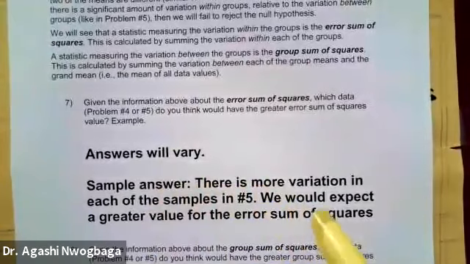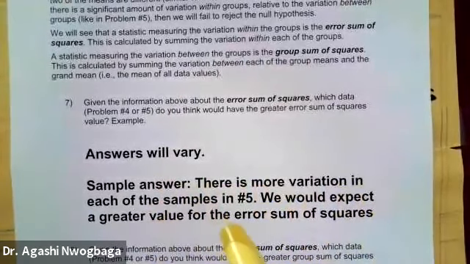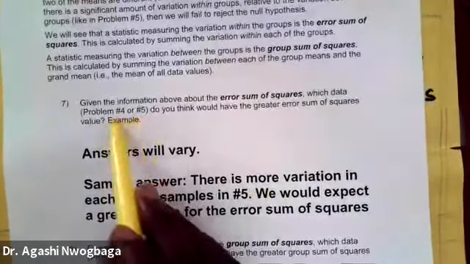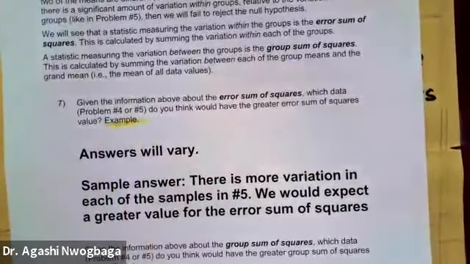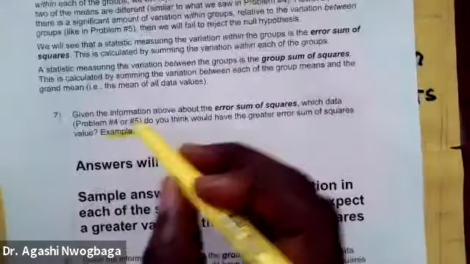Here is a sample answer. There is more variation in each of the samples in number 5. We would expect a greater value for the error sum of squares.